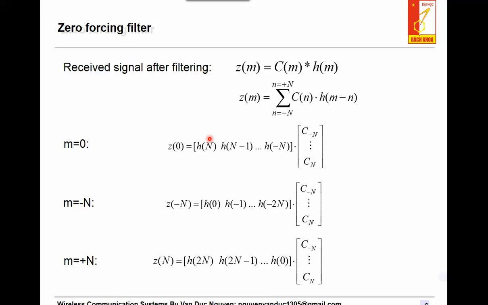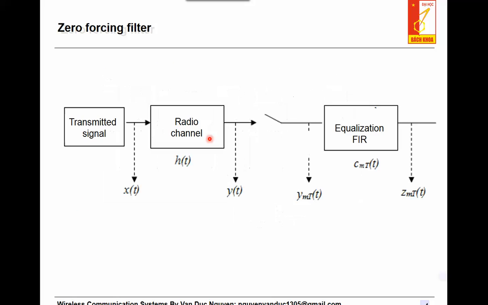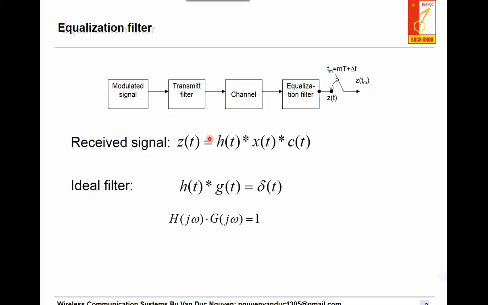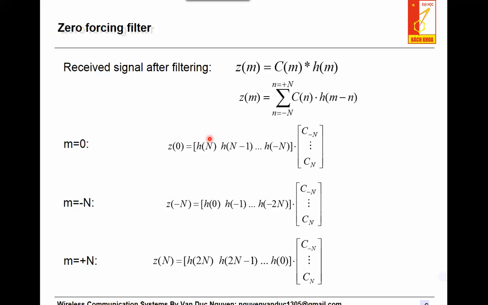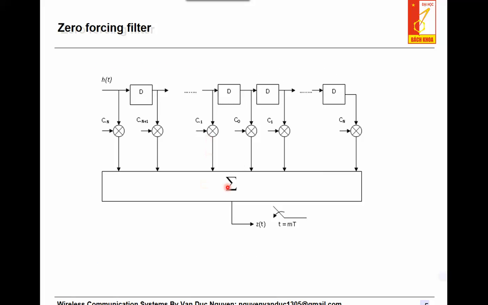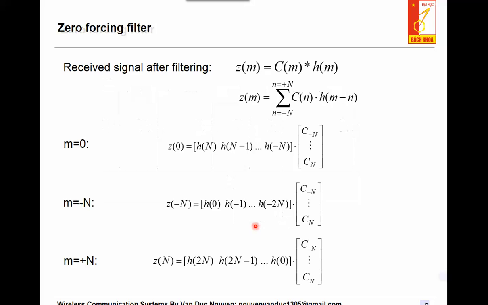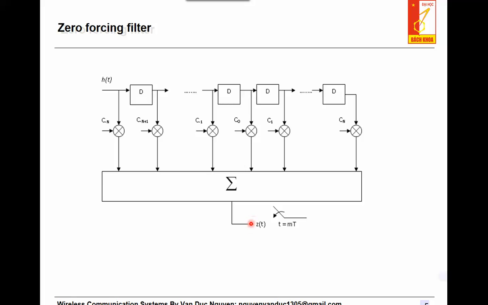Now we need to observe the receiver signal here. The receiver signal is the output of the filter.